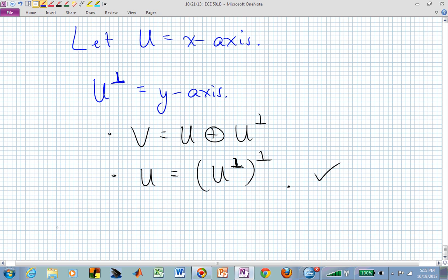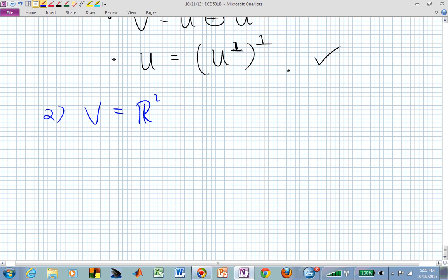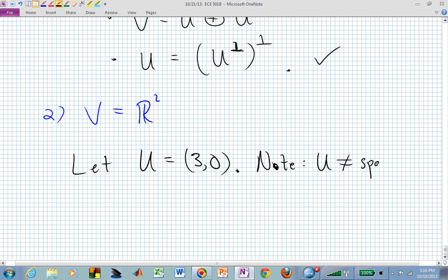What if we looked at something that wasn't quite the same? Suppose we start with the same underlying vector space, R2, but now suppose that we just let U be some subset of that. Let's say it's just the vector 3, 0. Just realize that now we're saying that U is not the same as the span of this vector 3, 0.